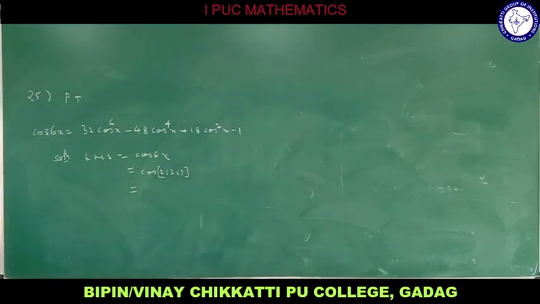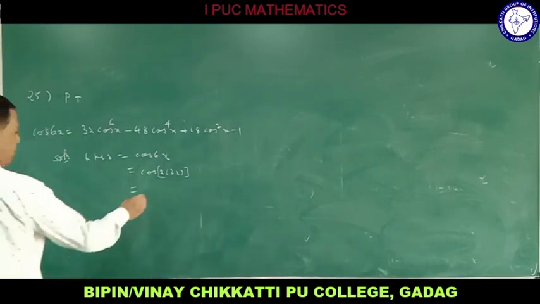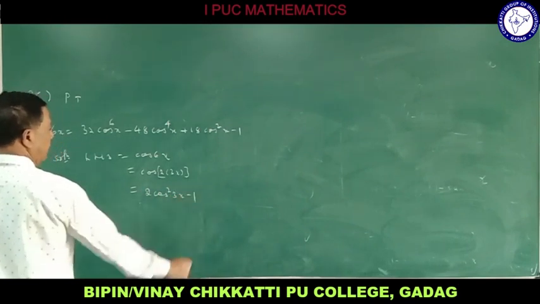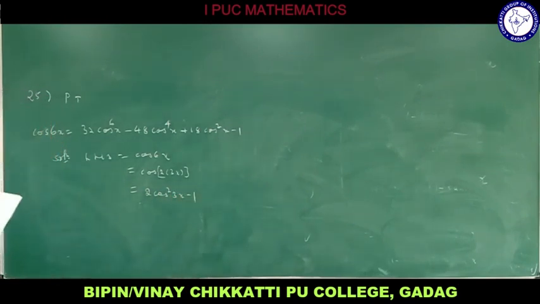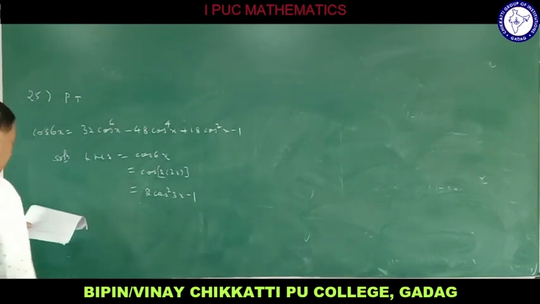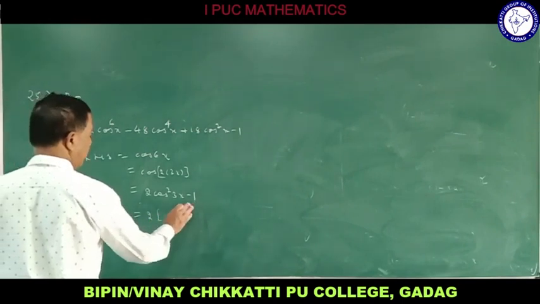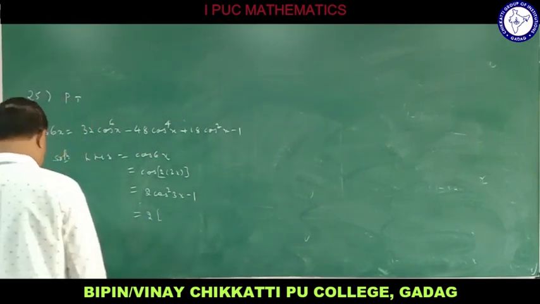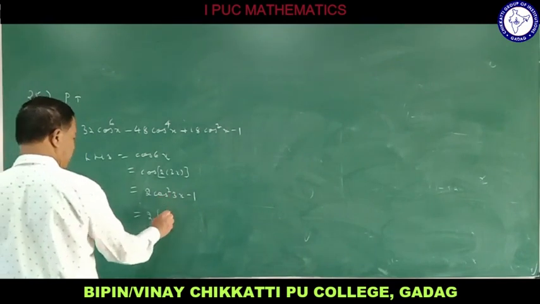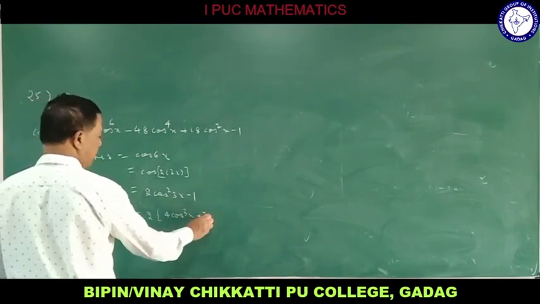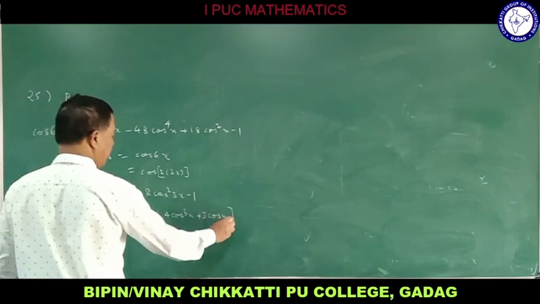We have to see in terms of cos: 2 cos square x minus 1, where x means 3x, so 2 cos square 3x minus 1. You understand how you have got 2 cos square 3x minus 1. Here 2 is as it is, and you have to write the cos 3x formula, because you have written the sin 3x and cos 3x formulae: cos 3x is 4 cos cube x minus 3 cos x.